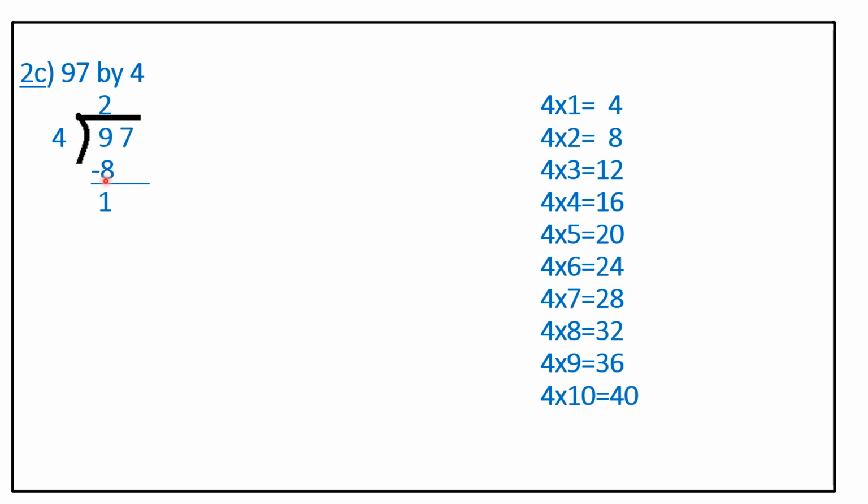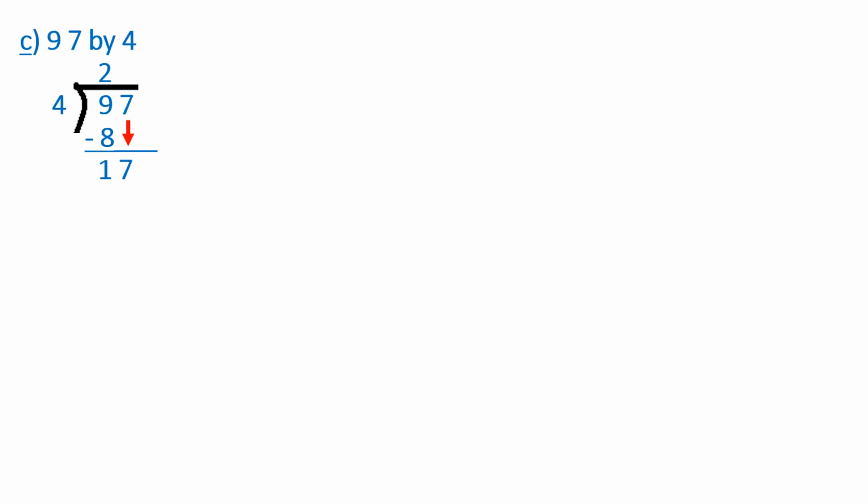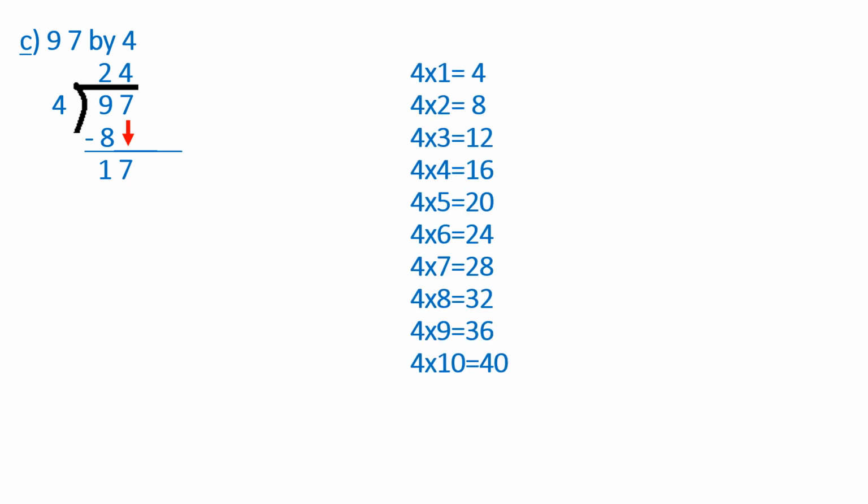Now 9 minus 8 is 1. And now you will copy this digit 7. So you mark an arrow sign and copy this 7. Now you have to divide 17 by 4. So again you read the table of 4 and you have to get 17. Now see, 4 1s are 4, 4 2s are 8, 4 3s are 12, 4 4s are 16, 4 5s are 20.